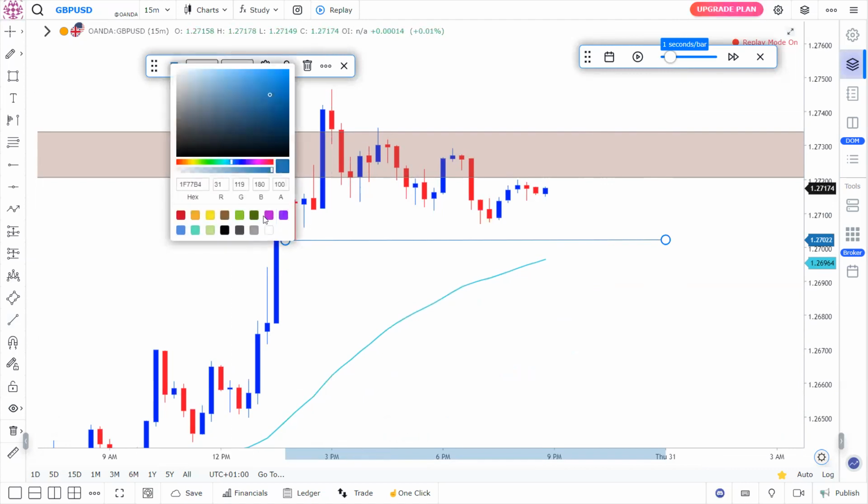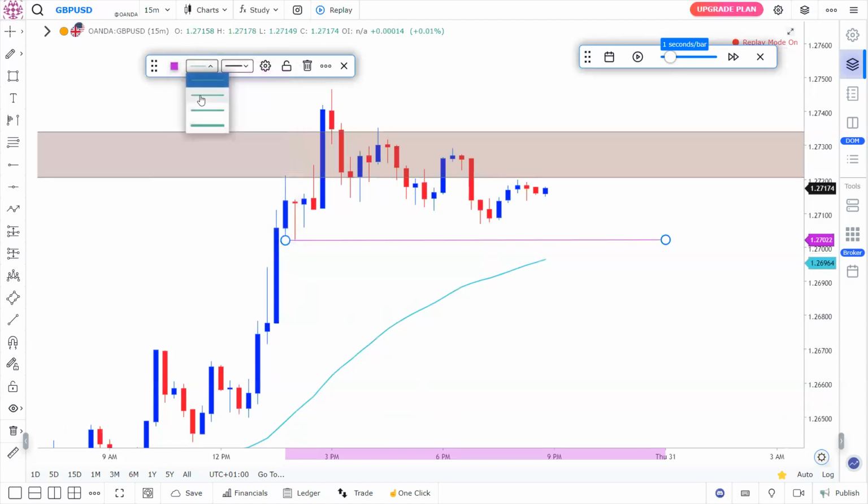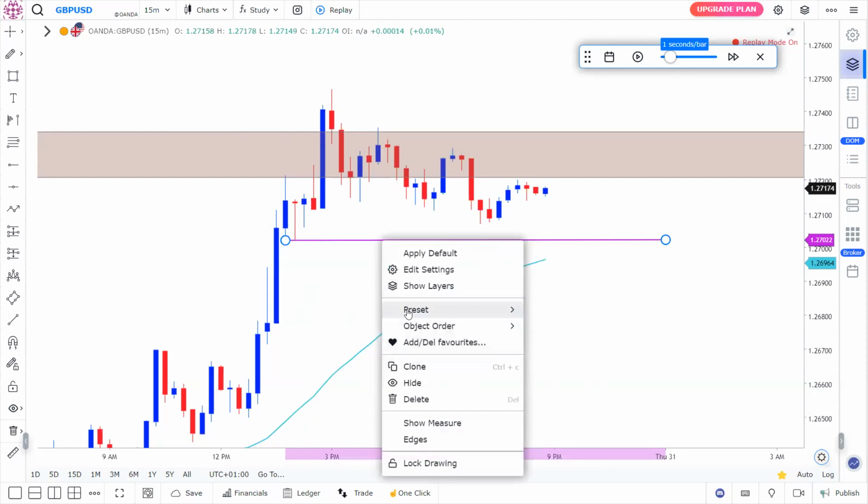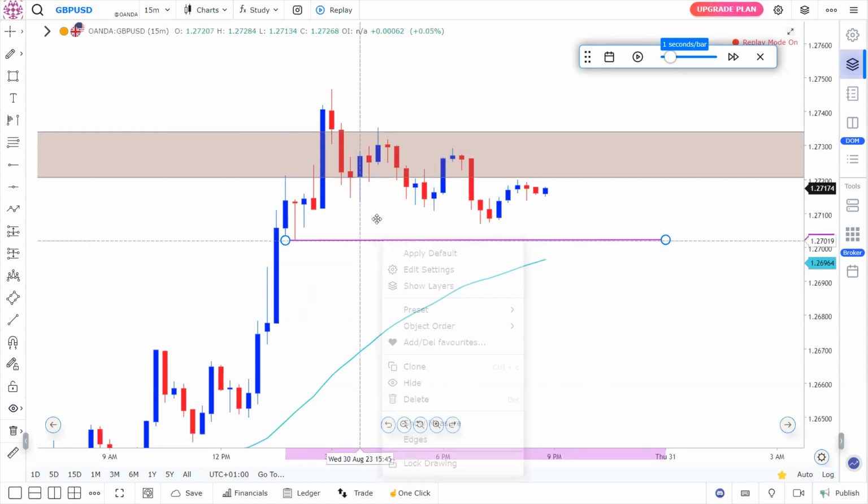So if I was going to consider selling GBP USD, I needed for price to come and close below this level.